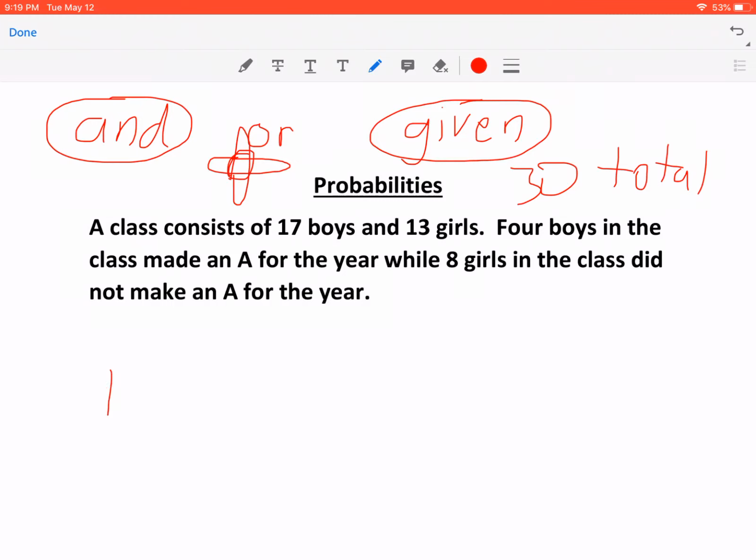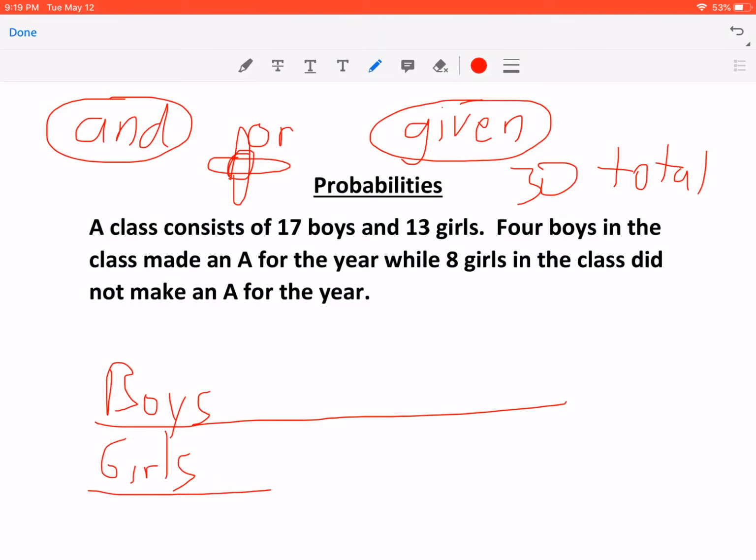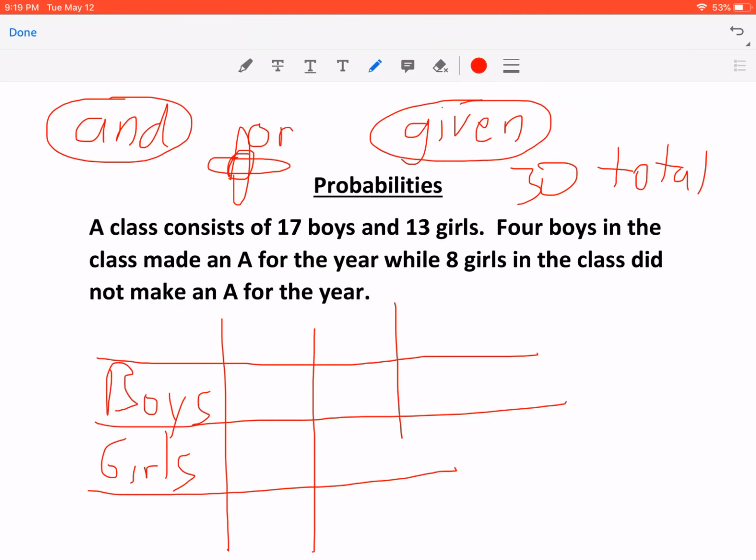The way I set it up was I had boys, girls, and then I started doing my columns. Leave a blank one at the end for your totals. So we're going to need total here, total here.